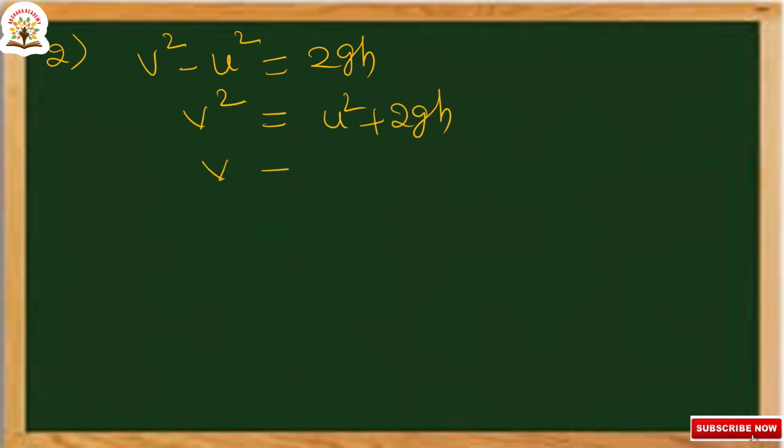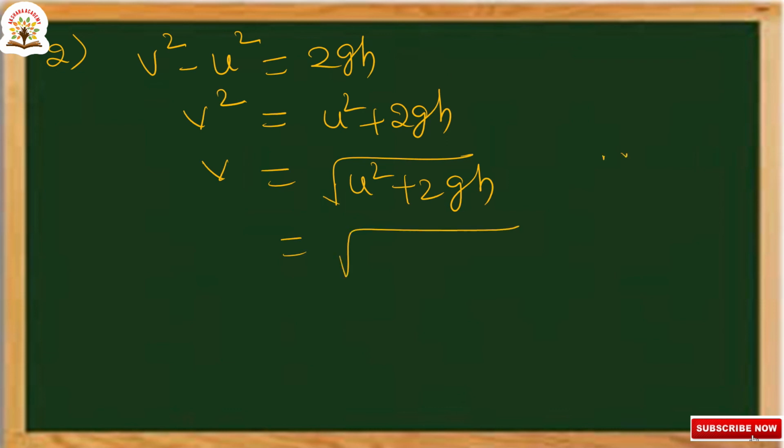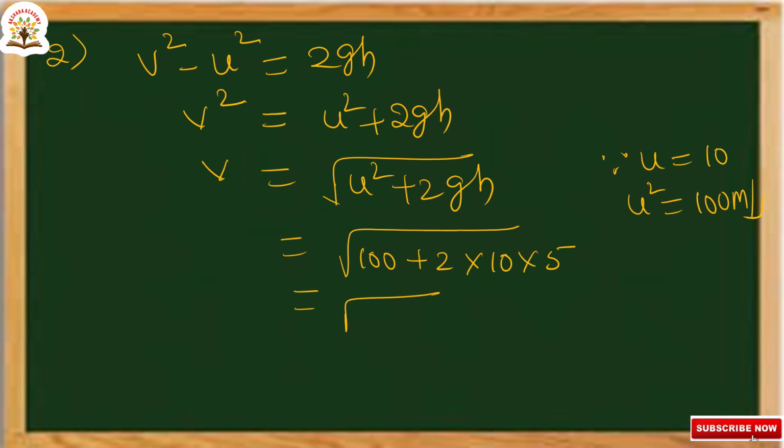Now v is equal to root of u square plus 2gh. Since u is equal to 10, u square is equal to 100. Substituting, 100 plus 2 into g, 10, into h, 5. That is 100 plus 2 tens are 20, 20 fives are 100, so 100 plus 100, 200.